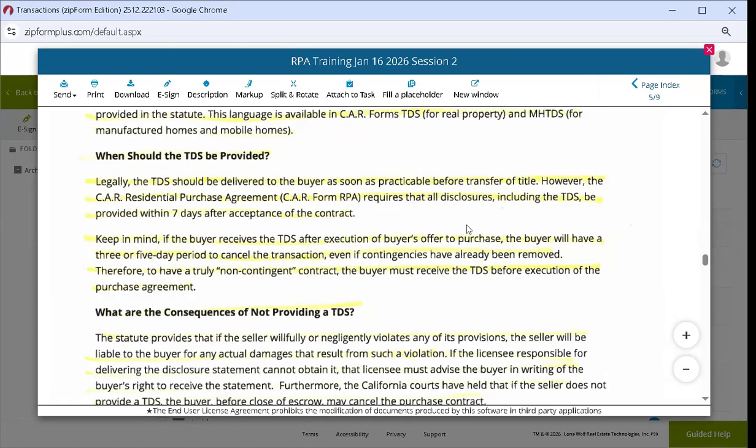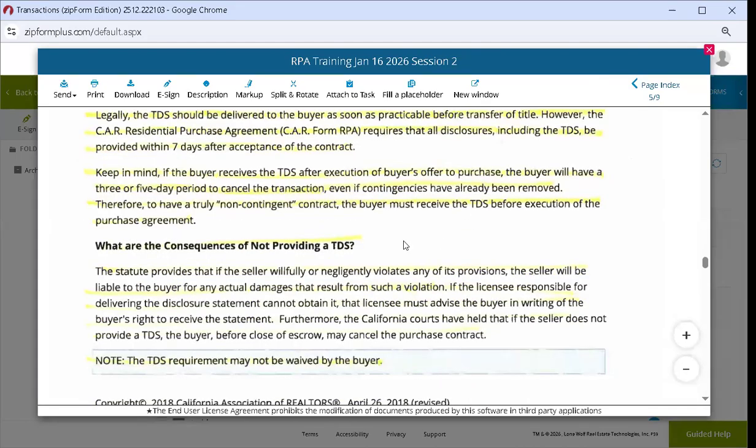But the TDS per contract is required within 7 days after acceptance. But I want you to keep in mind, and I forgot about this, if the buyer receives the TDS after execution of their offer, then the buyer has 3 days or 5-day period to cancel the transaction. So you'll see some listing agents will provide the statutory disclosures with a counter.